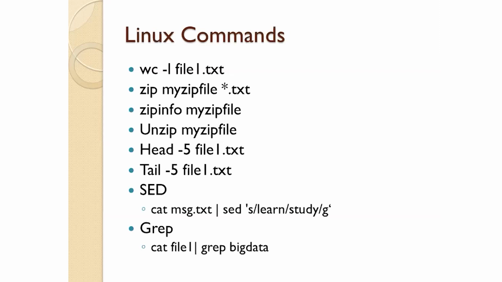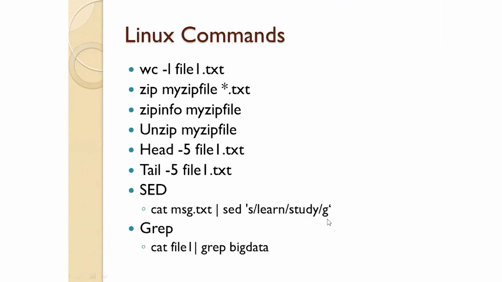But if we give a pipe symbol and pass the output to the next command, which is sed, and you want to substitute, s for substitute, the word learn with study, and you want to substitute every instance of learn in that file, then you use the option g, which is global.